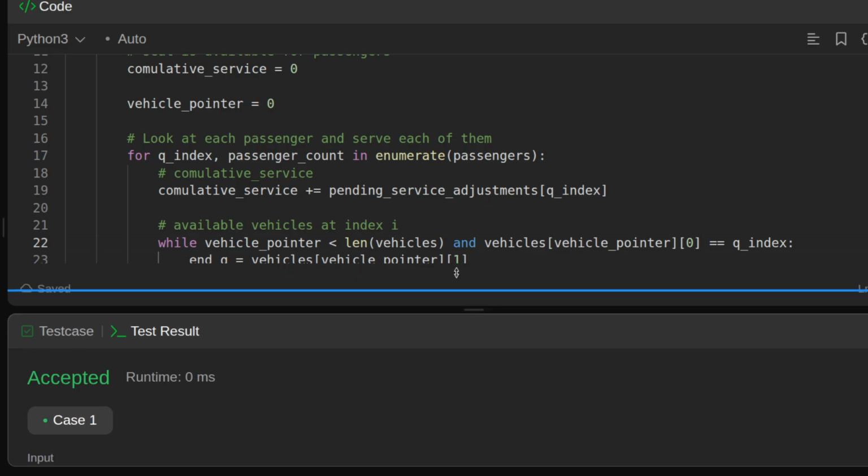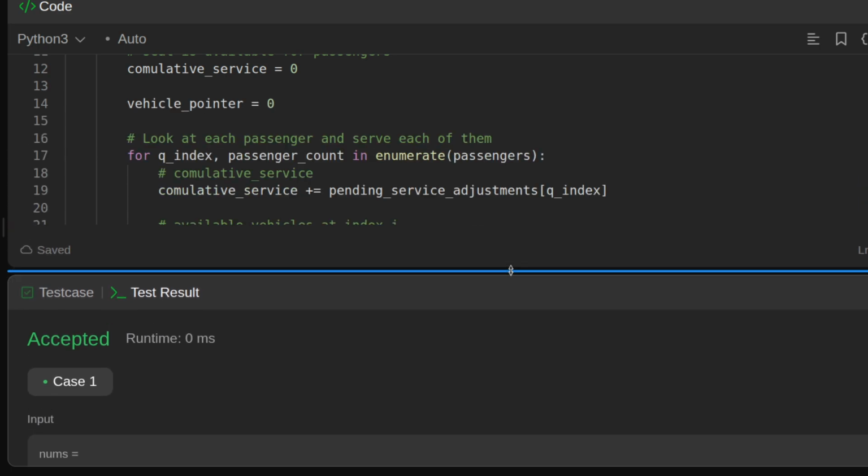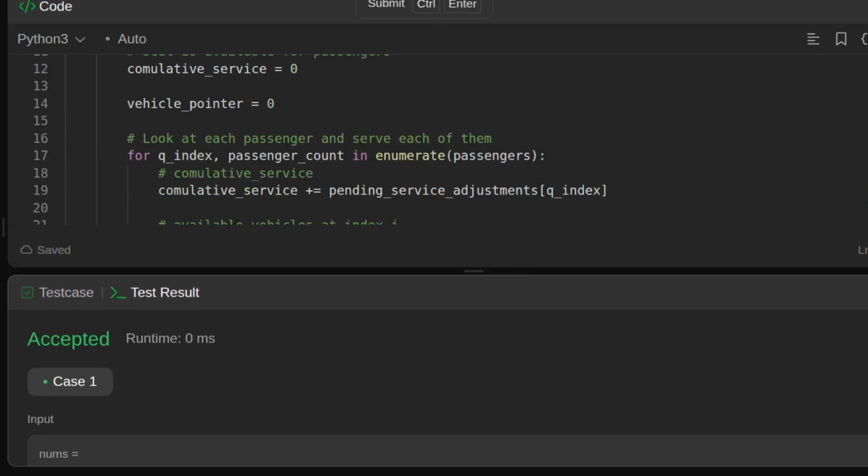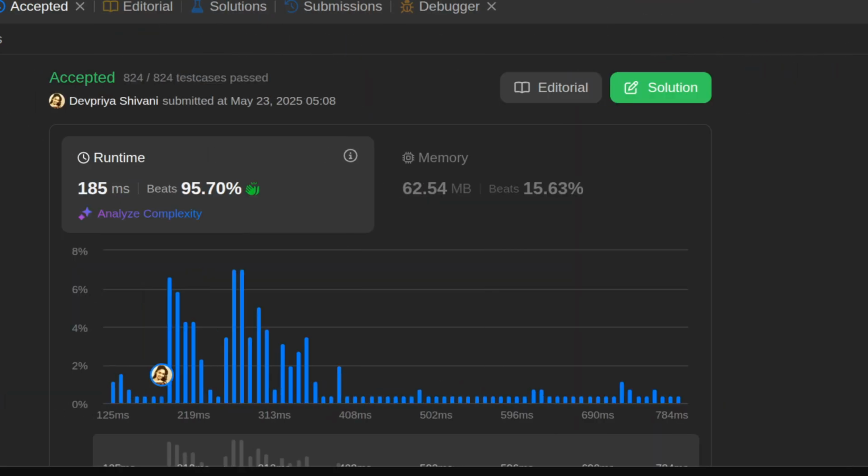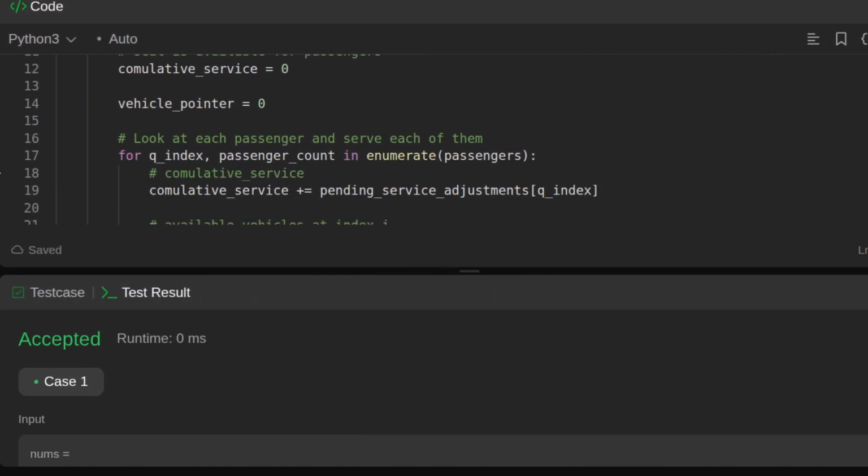Yes, this case is accepted. Let's just try to submit it. Okay, so it has submitted also, and it is working pretty well, because it is faster than 95% of the code. Let us analyze the space and time complexity.